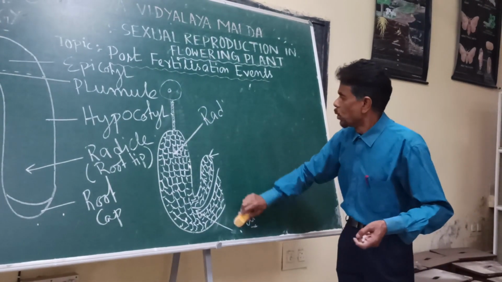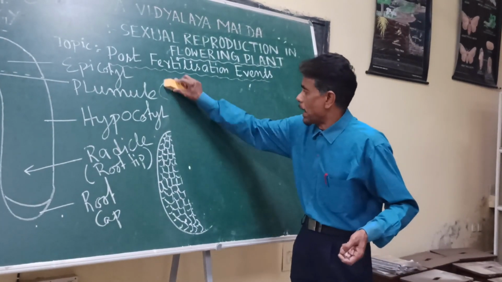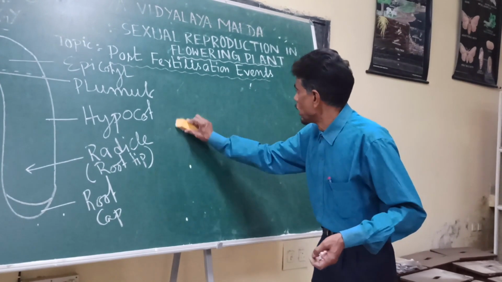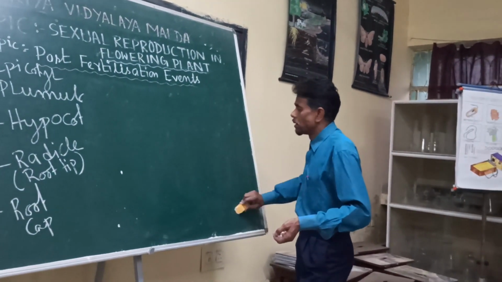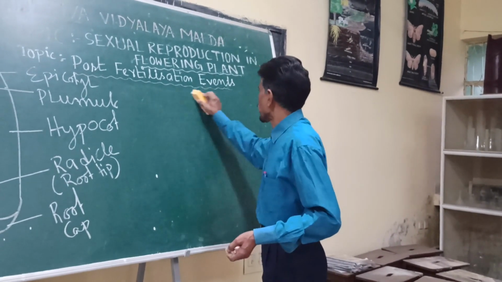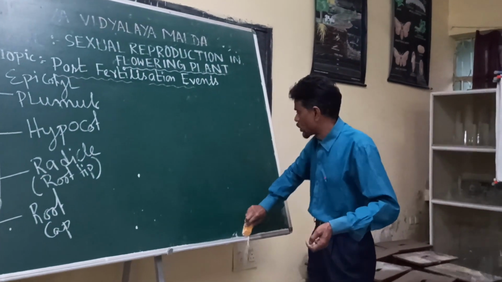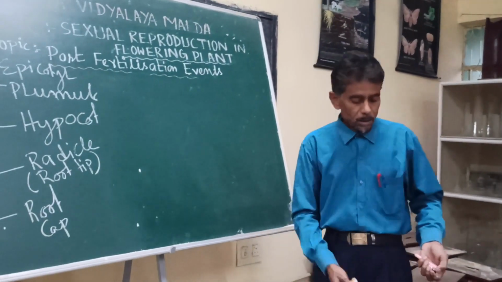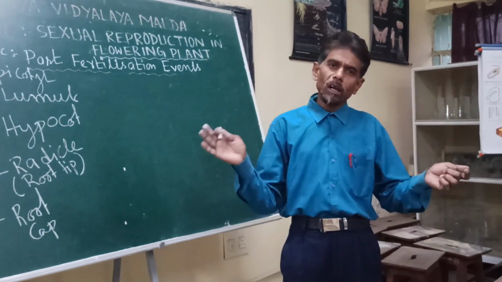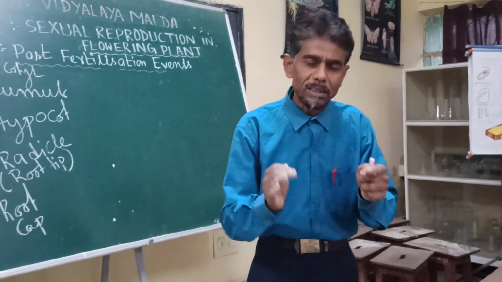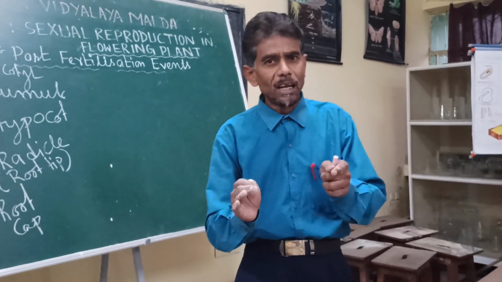Now, let me rub this part. If we have a view over the monocotyledonous embryo, especially in the case of grasses, monocot itself suggests that it has a single cotyledon.